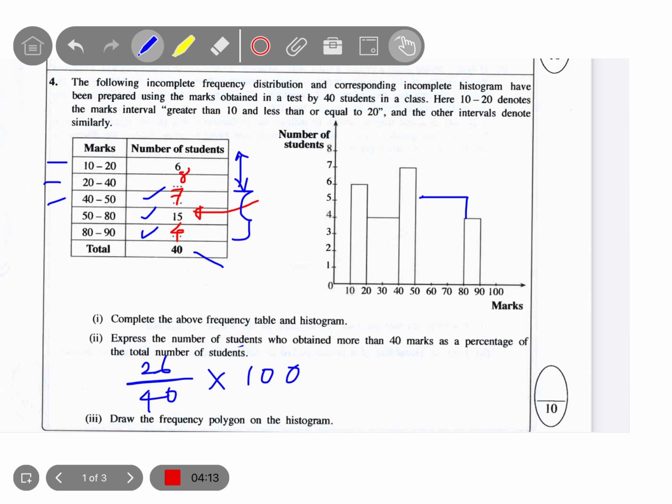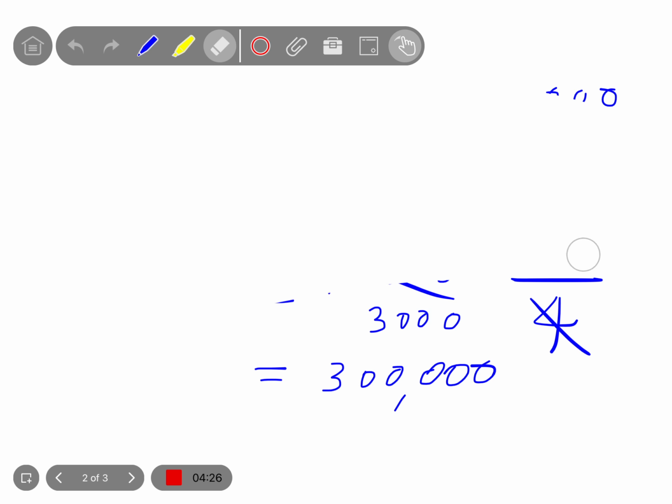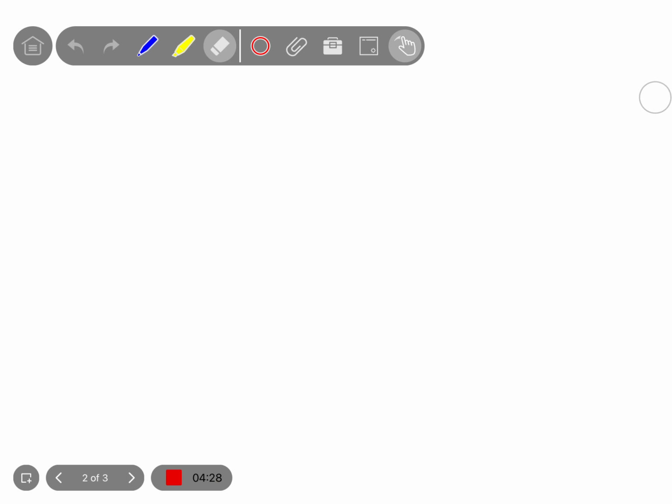What's the value? If you divide, 100 divided by 40 is 2.5. So 2.5 times 26. Let me calculate that; you can use your rough work pages. 26 times 2.5.